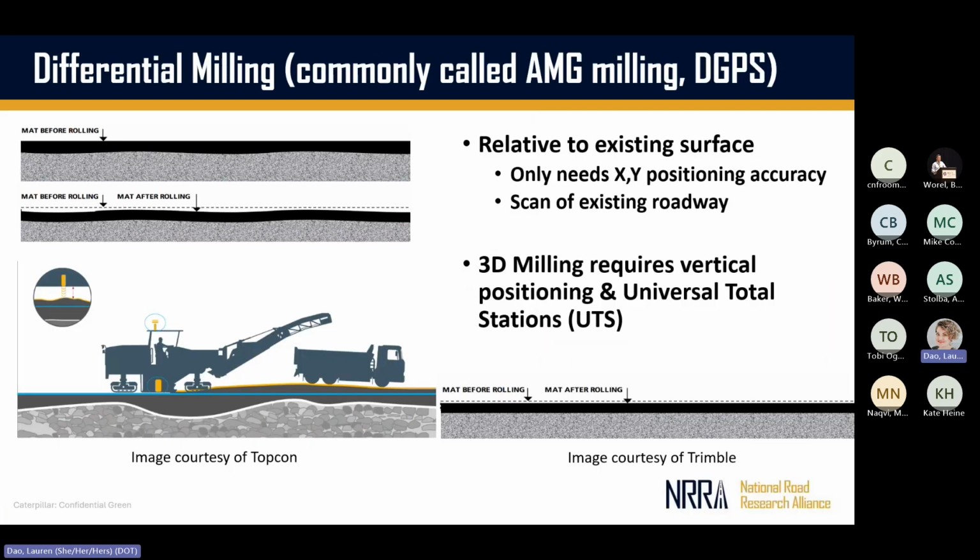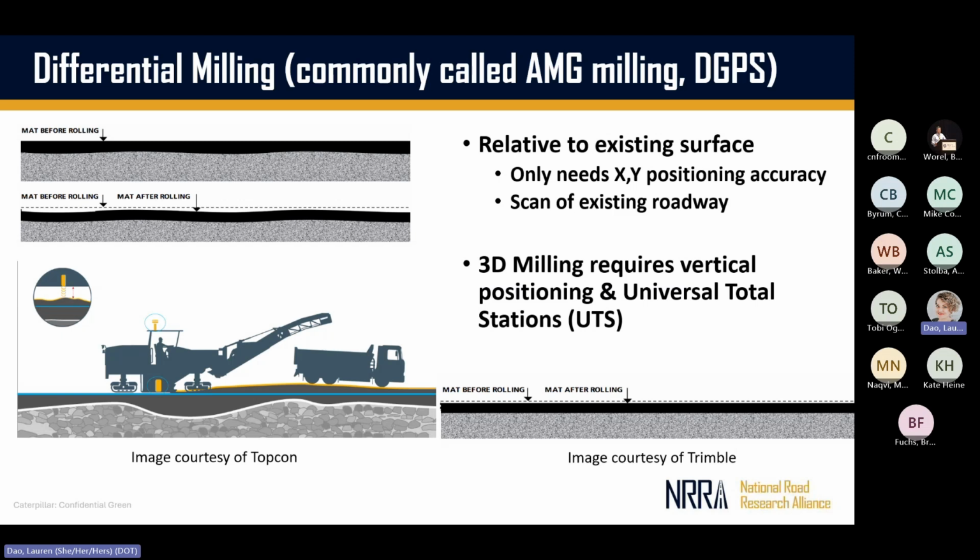And then the differential milling, from a contractor's perspective or OEM's perspective, is a pretty mature technology, I think. We understand how to set it up, put it on the machine, and get the outputs. I think right now where it's progressing more is in the process, not so much the equipment.